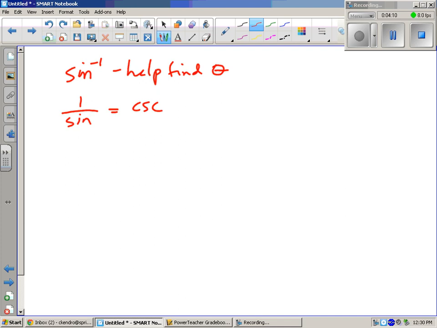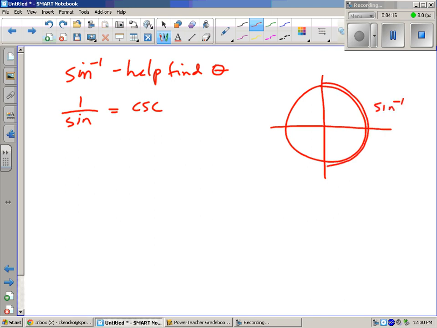So if I would draw that over here, I know I'm restricted to the right half of the circle for sine. For cosine, the inverse cosine, we're going to restrict it between 0 and pi. So for cosine, it's from 0 to pi. We can only have domain inputs from 0 to pi.